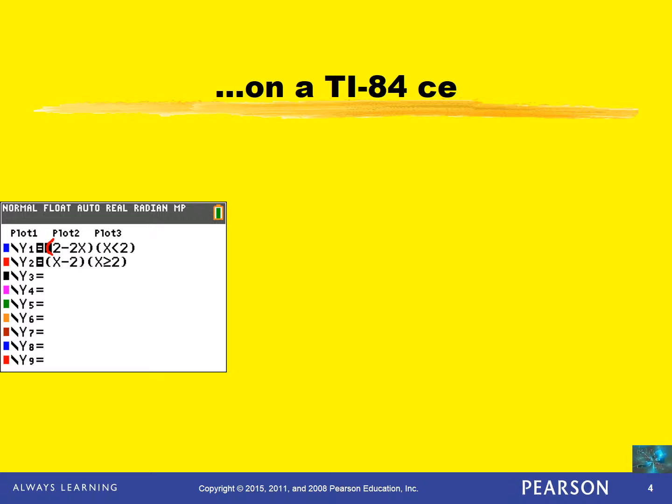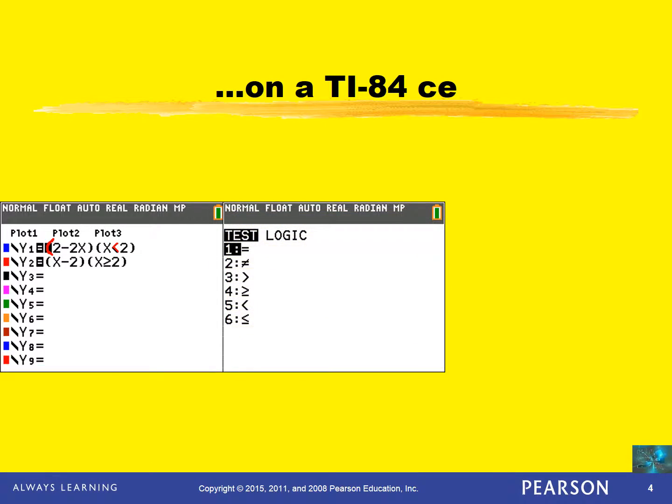Where do you get the inequality symbols to go into the y equals menu? Okay, so you're sitting in the y equals menu, and you have to get to this menu, which is the test menu, and to get there, it's second, which in a lot of these calculators is a yellow button.